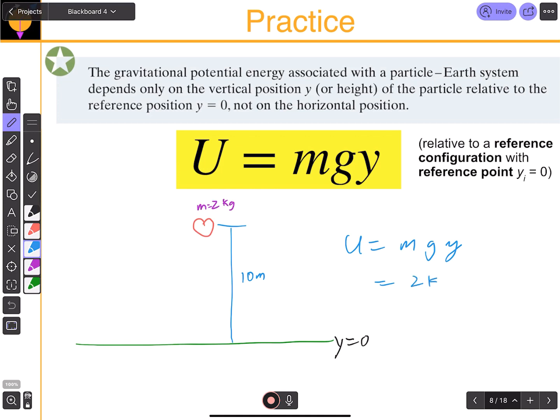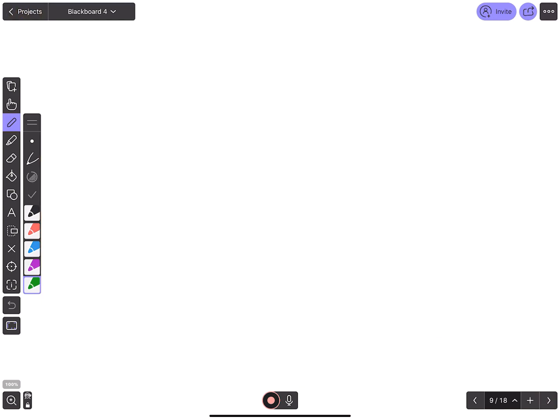So we put in 2 kilograms times 9.8 meters per second squared times y, which is 10 meters. 2 times 9.8 is 19.6, times 10 is 196, and a kilogram meter per second squared is a newton, and a newton times a meter makes it a joule. So that's the potential energy for a heart at a certain location.